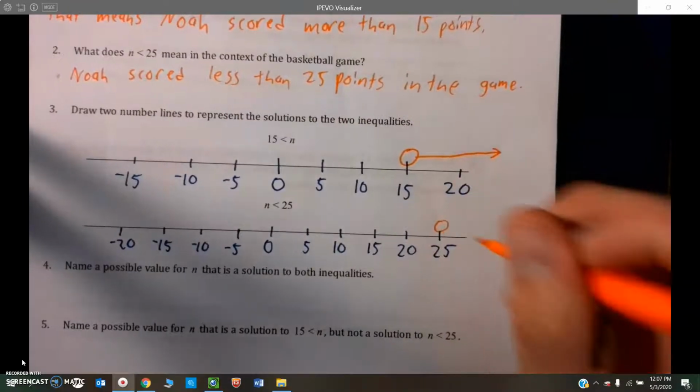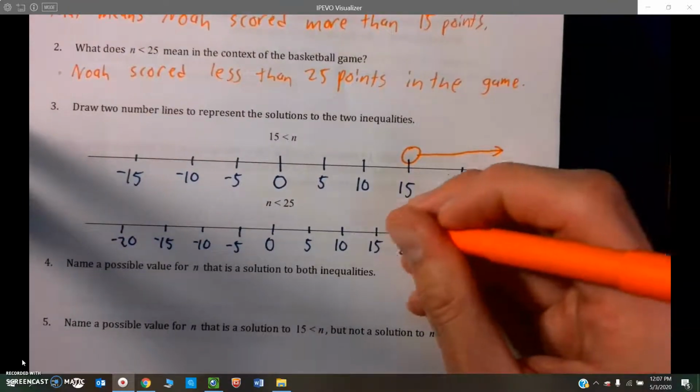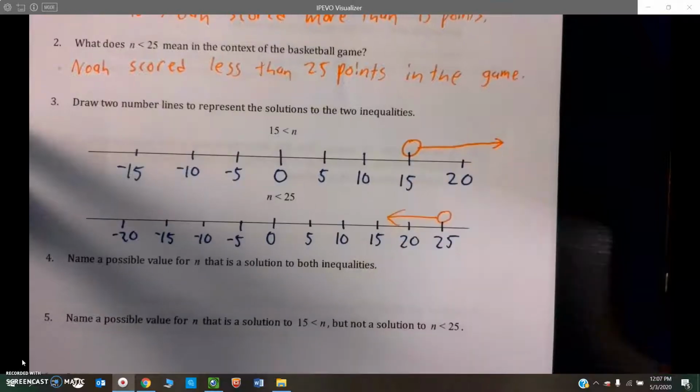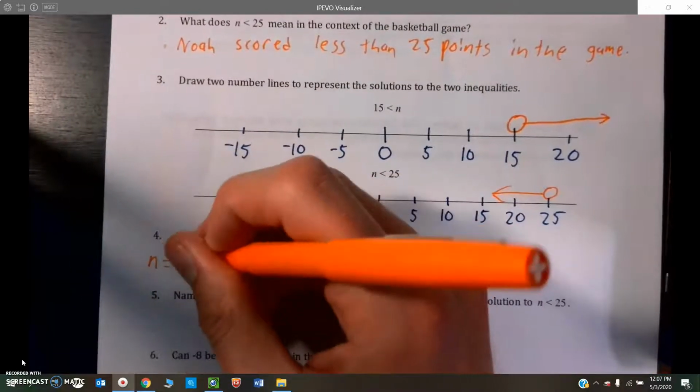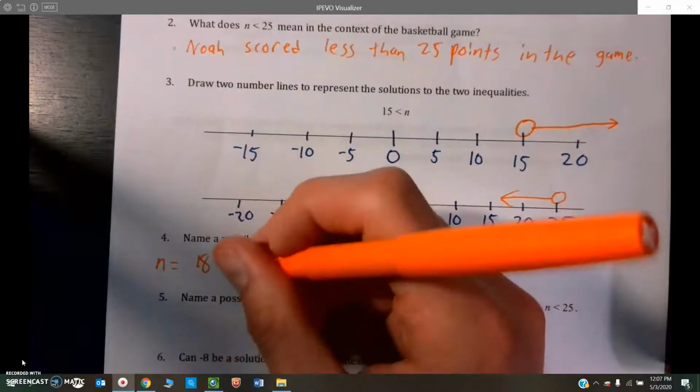And here, N is less than 25. That's saying that he scored less than 25 points. Okay, so name a possible value for N that is a solution to both inequalities. So he scored more than 15, and he scored less than 25. So how about N equals 18? He could have scored 18 points.